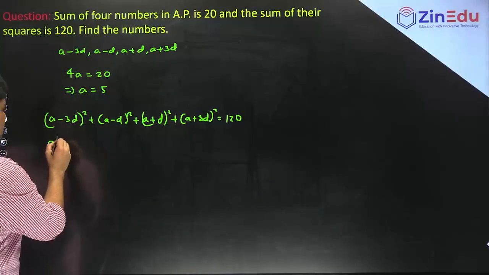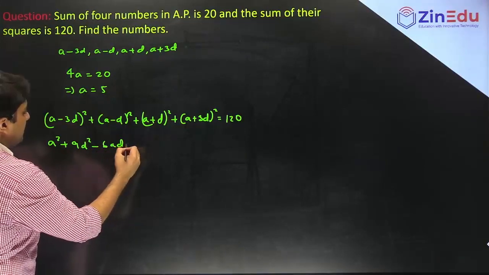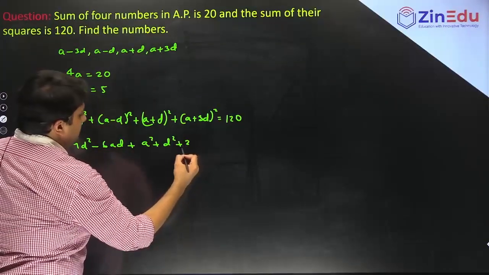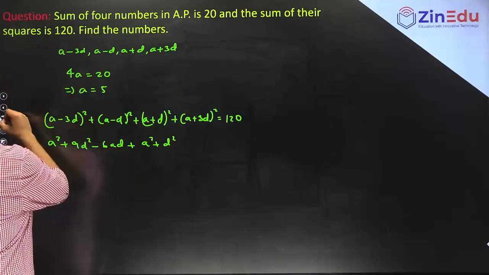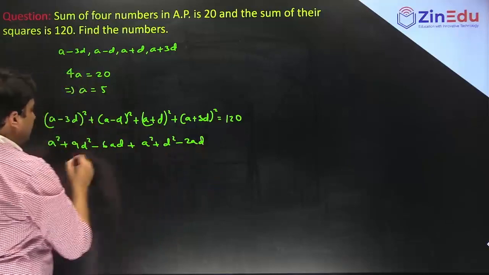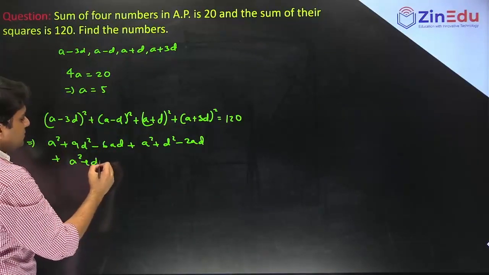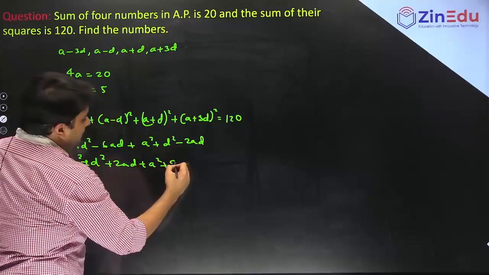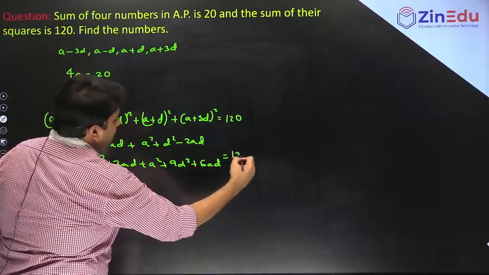So now open the brackets. a square plus 9d square minus 6ad, plus a square plus d square minus 2ad. I'm writing the third term downwards: a square plus d square plus 2ad, plus a square plus 9d square plus 6ad, equals 120.